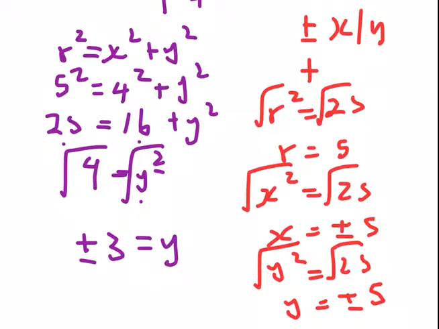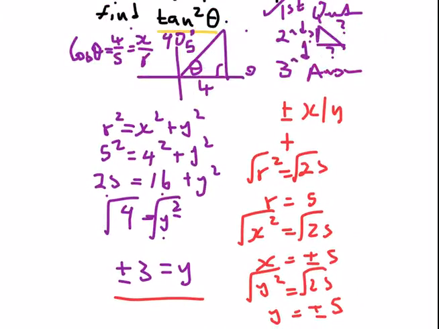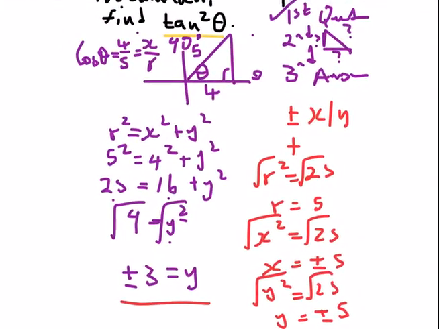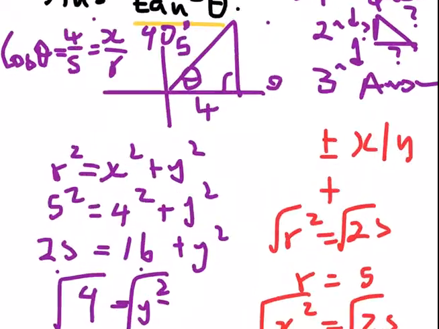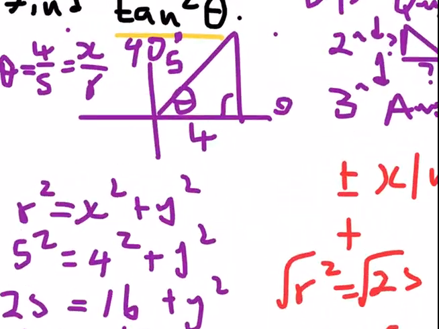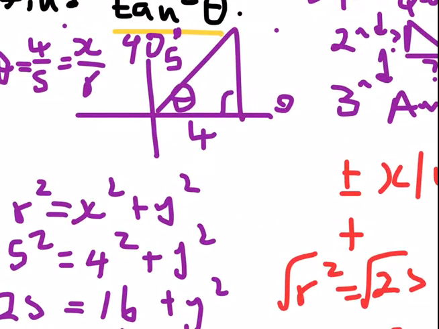So since our y value is plus or minus, we need to choose. How do we choose? We look at the quadrant in which that triangle falls, to see whether in that quadrant the y suits to be positive or negative. Definitely it suits to be positive, because in this quadrant we have positive y values.